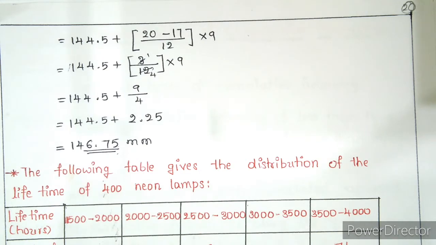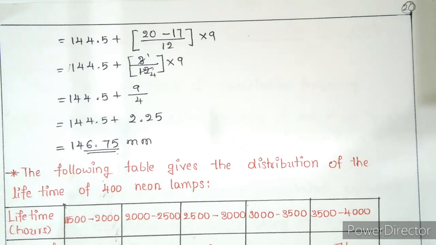Three ones are 3, three fours are 12, so it cancels. So you get 144.5 plus 9 by 4. 9 by 4 in decimals is 2.25. So you get 146.75 millimeters for the leaf.